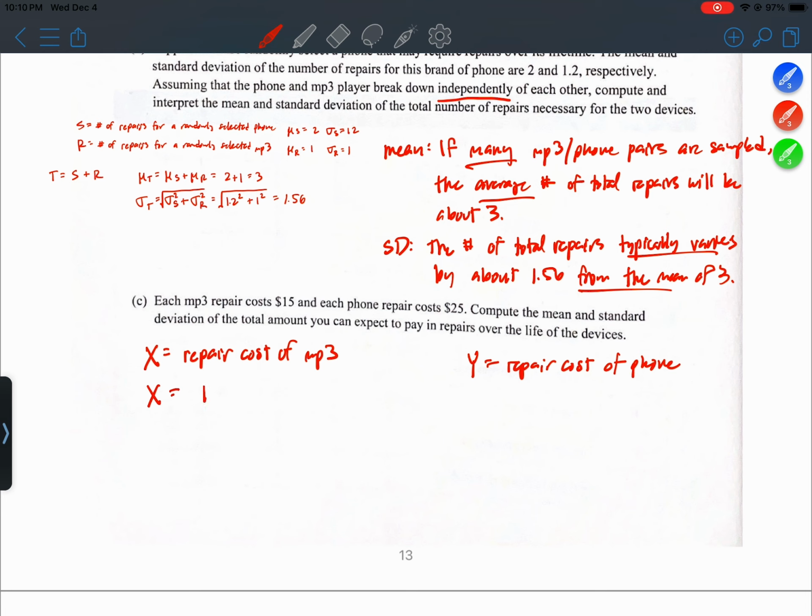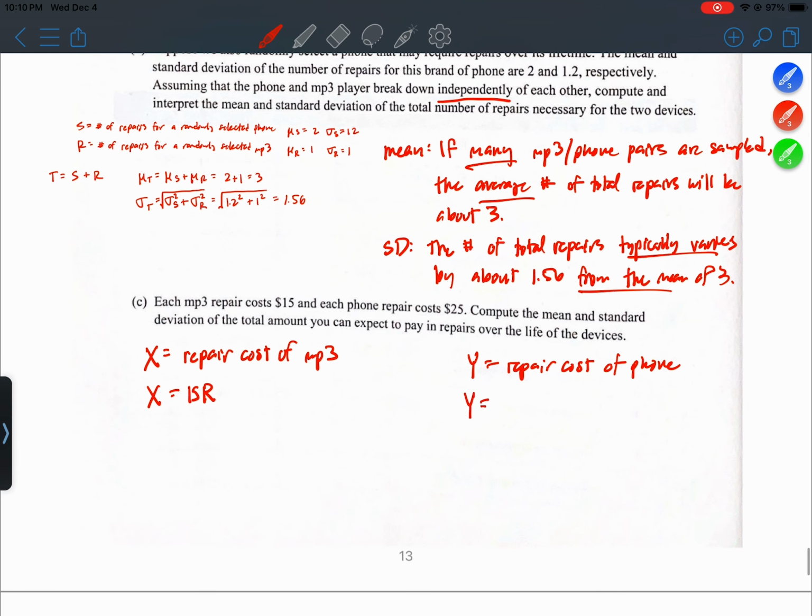Now, X is just the number of repairs for the MP3 player times 15. Right, so we're just multiplying by a constant. Y, the repair cost of phones, well, it's just the number of repairs for the phone, which we used S. I'm kind of regretting my choice of variables here, times 25.